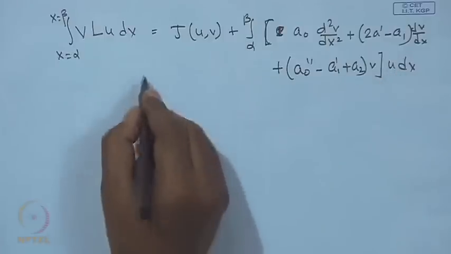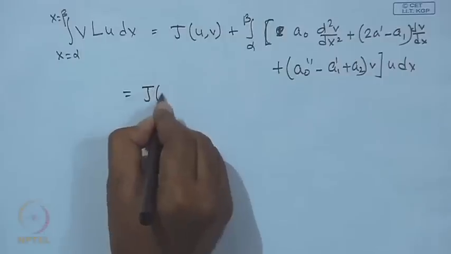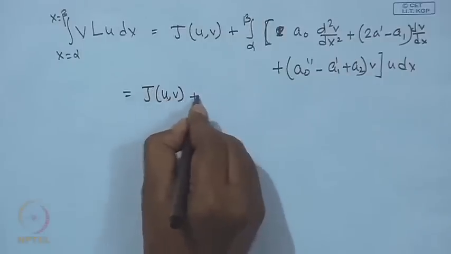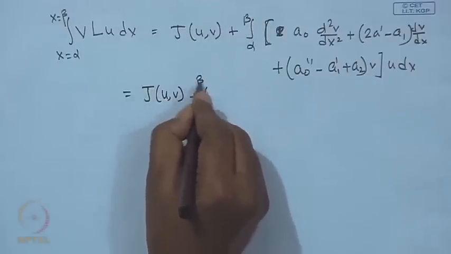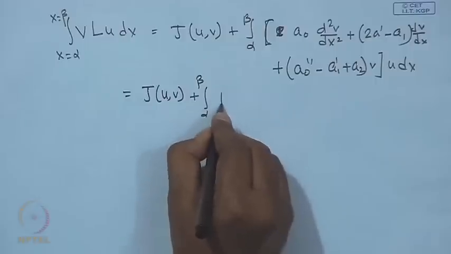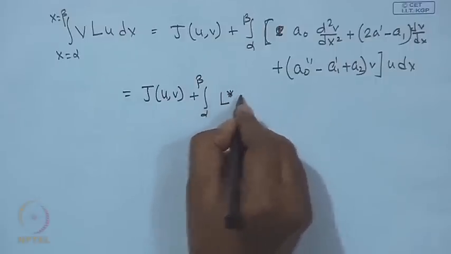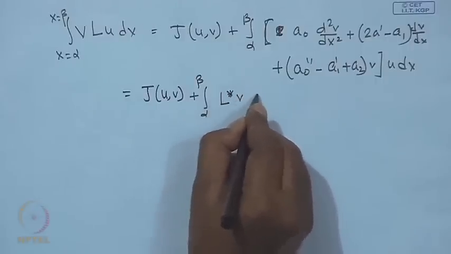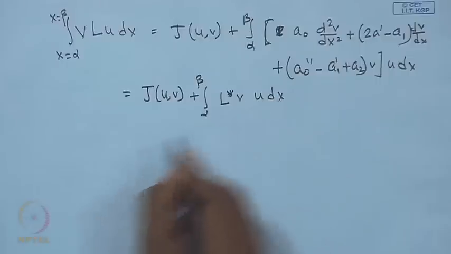So, we can write this as j u v plus the integral from alpha to beta of L star v u dx.